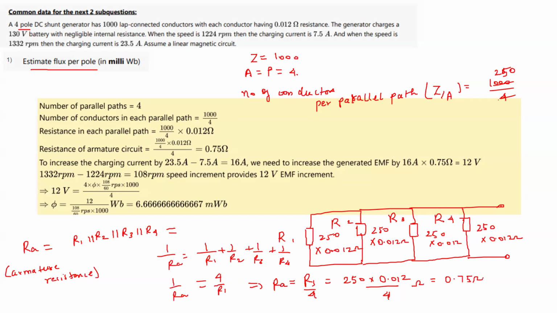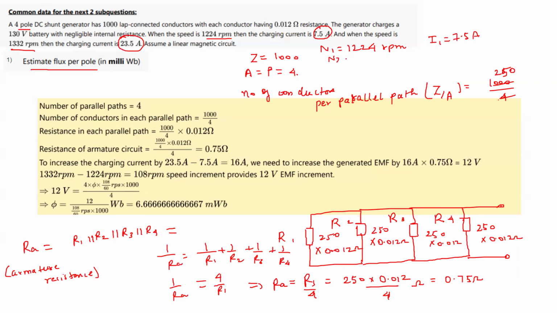Now they are saying that when there is a speed change from 1224 rpm to 1332 rpm, there is this much of current change. So what is the speed change? N1 is 1224 rpm, current I1 is 7.5 ampere.